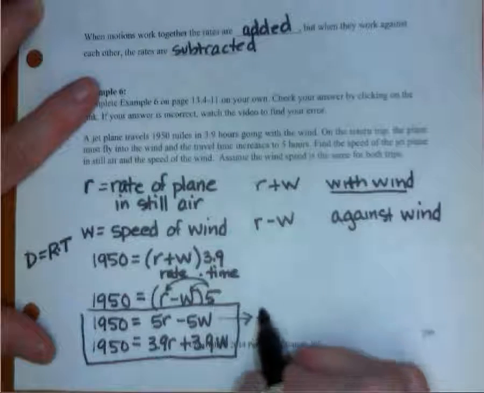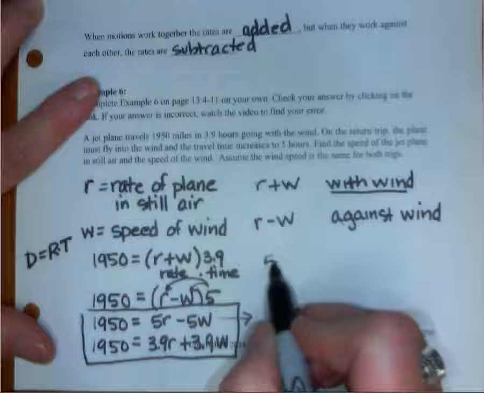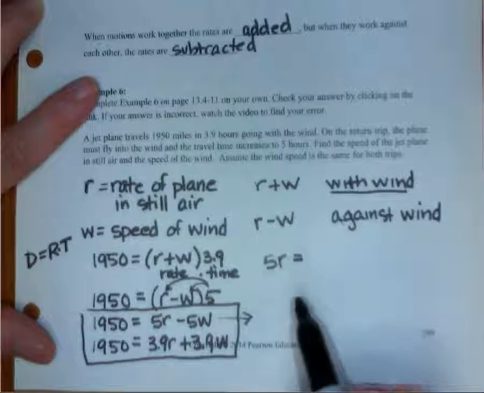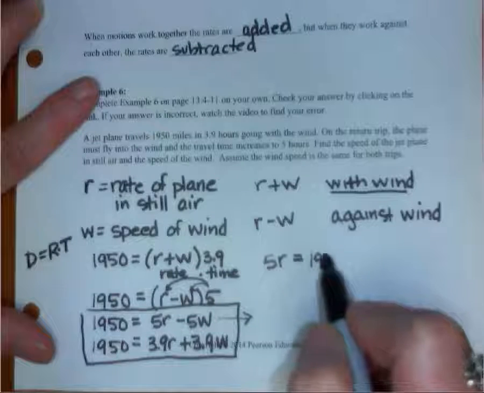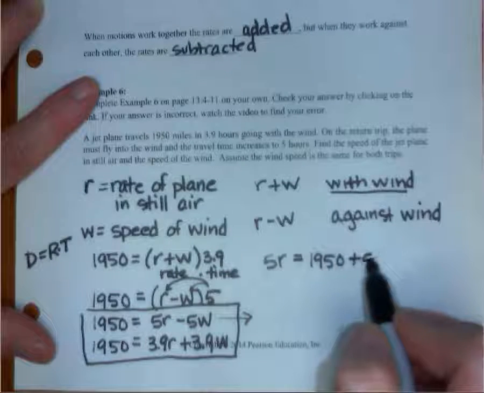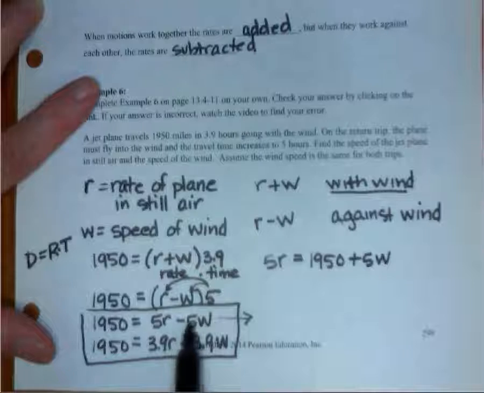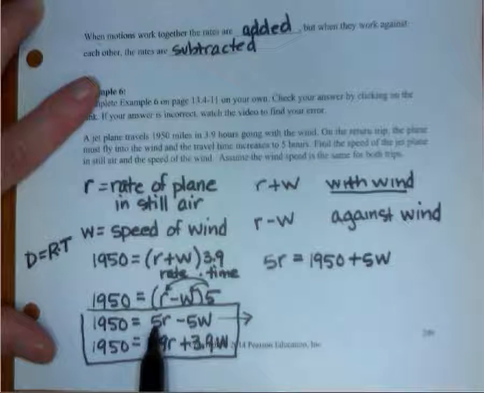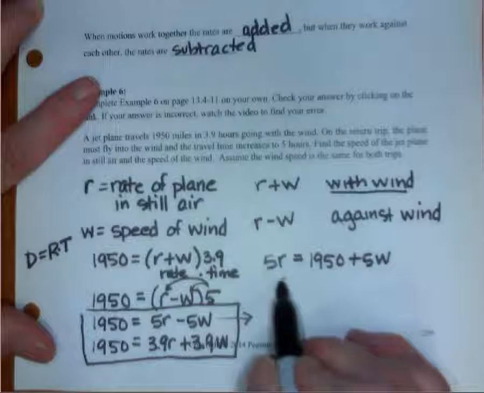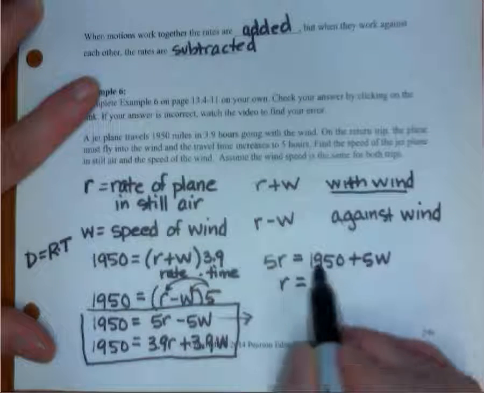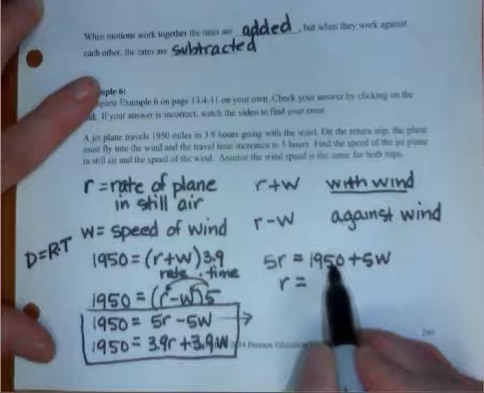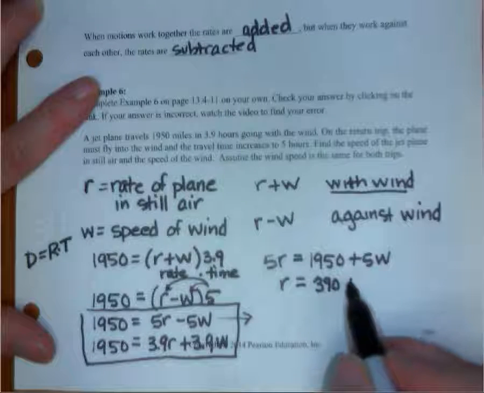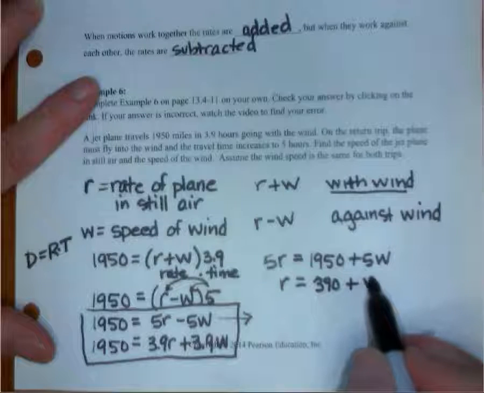So I would have 5R equals 1950 plus 5W. So basically I added 5W to both sides to get the 5R by itself. Then I'll divide everything by 5 to get R equals 1950 divided by 5 is 390. 5 divided by 5 is 1.